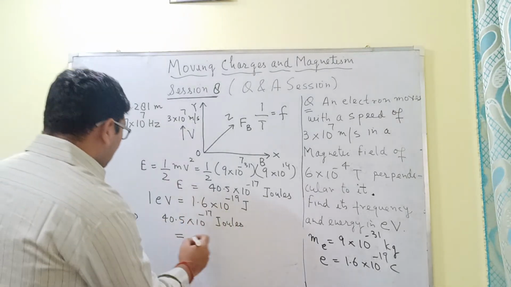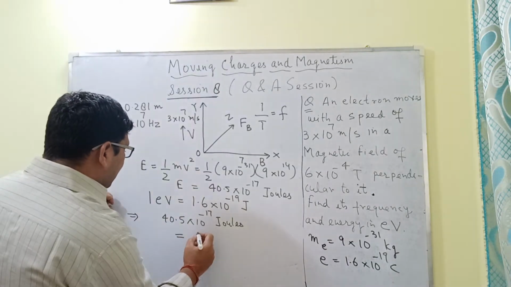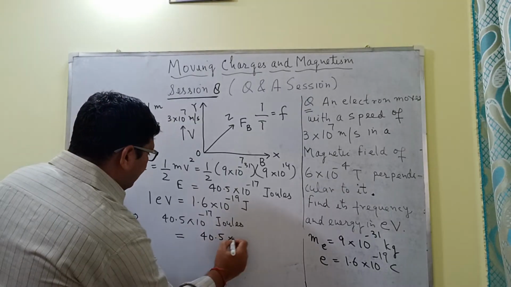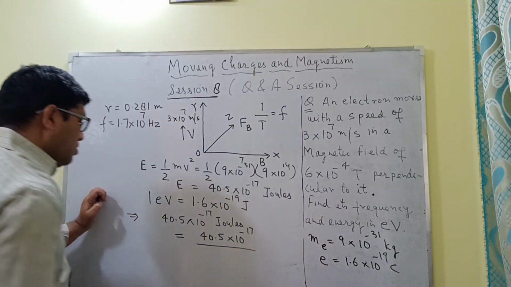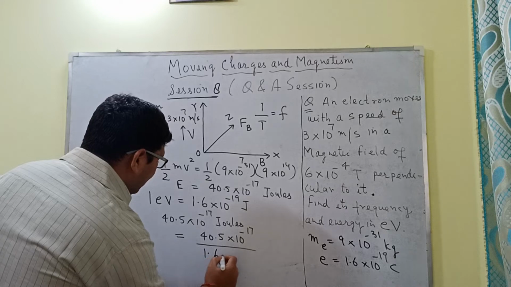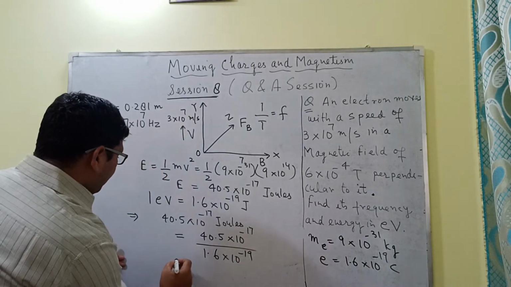So 40.5 into 10 to the power minus 17 joules will be equal to 40.5 into 10 to the power minus 17 divided by 1.6 into 10 to the power minus 19.